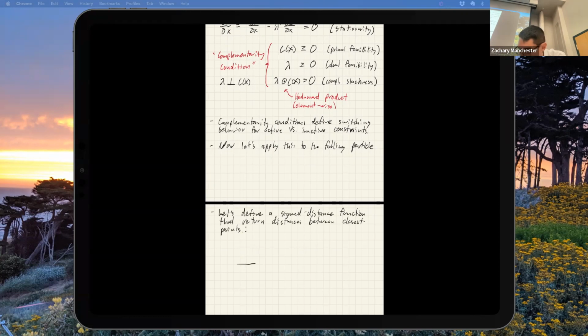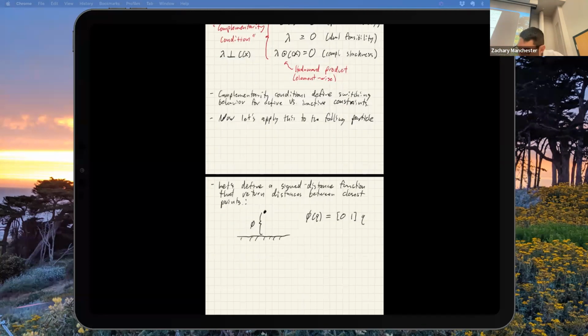So here it's really trivial. We have the ground, we have our point mass, and we're going to use phi for the signed distance function. In our case, for this simple 2D point mass, it's a linear function, so it just picks out the z component of our configuration Q, right?